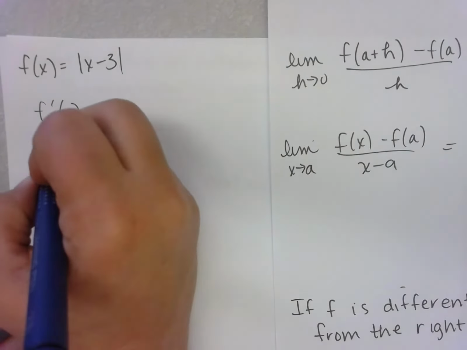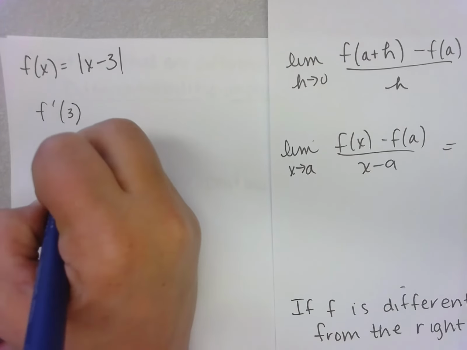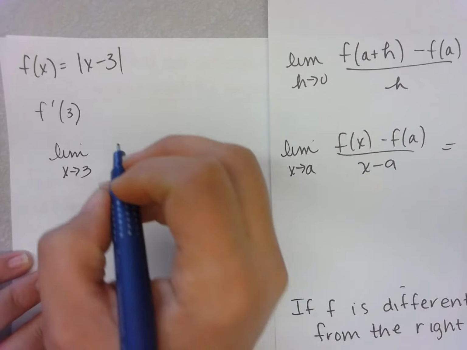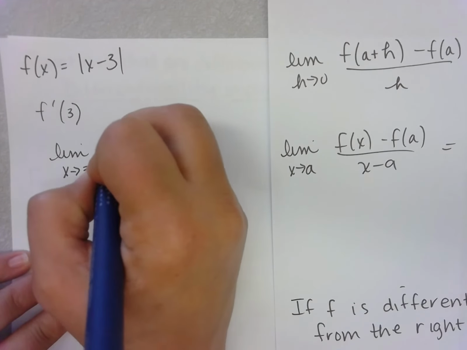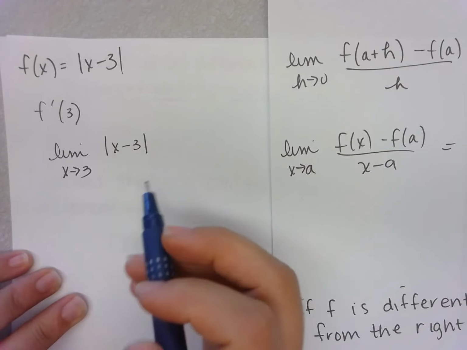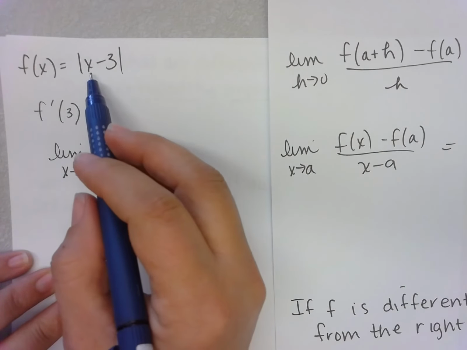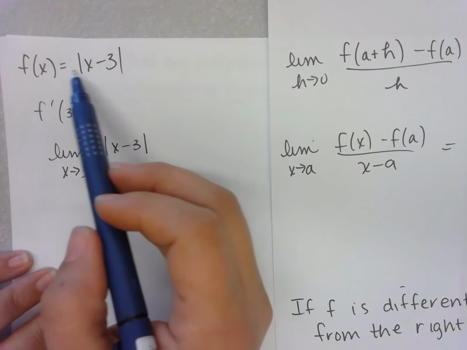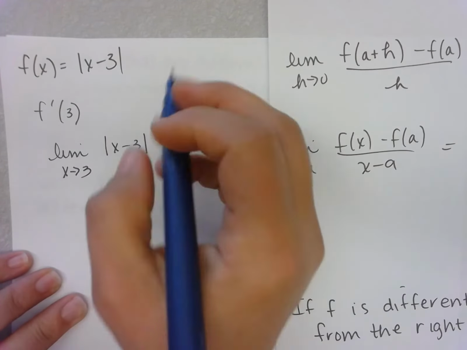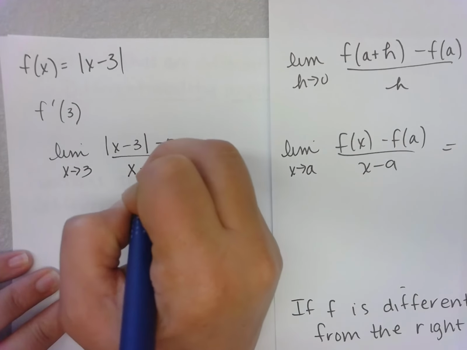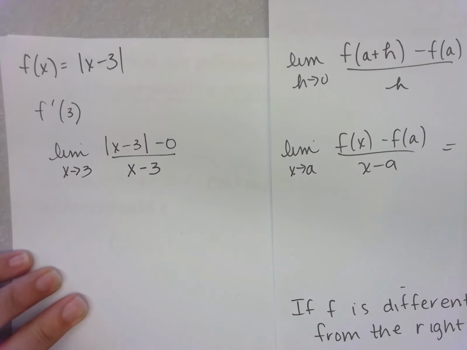So we're going to set this up, and it's going to look like the limit as x approaches 3, because this is as x approaches a, of f of x, which is the absolute value of x minus 3, minus f of 3. My a is 3, so f of 3 means I plug in 3 here, and I get 0, over x minus 3, x minus a.